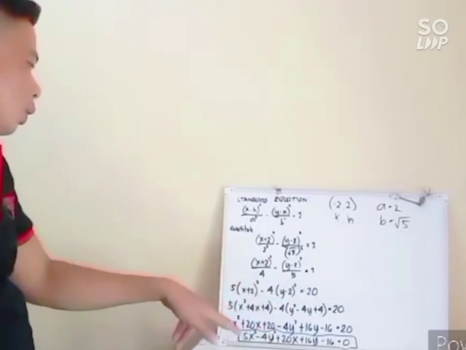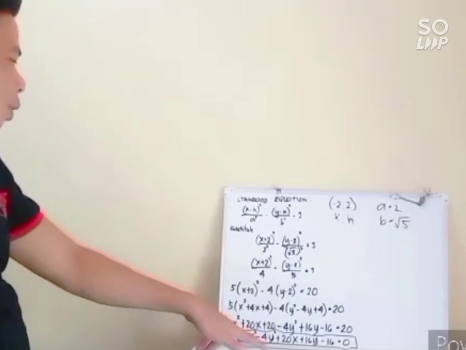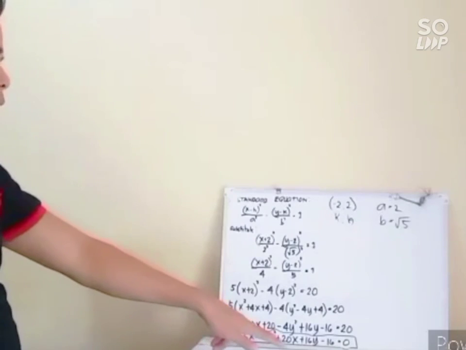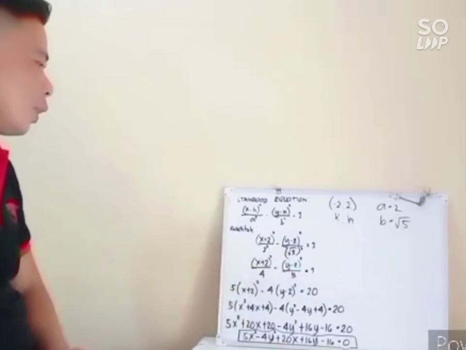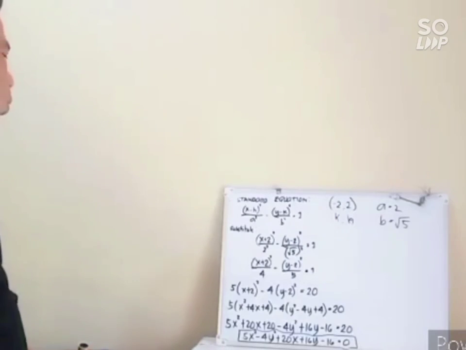So distribute and then simplify. We come up with this answer: 5x squared minus 4y squared plus 20x plus 16y minus 16 equals 20.